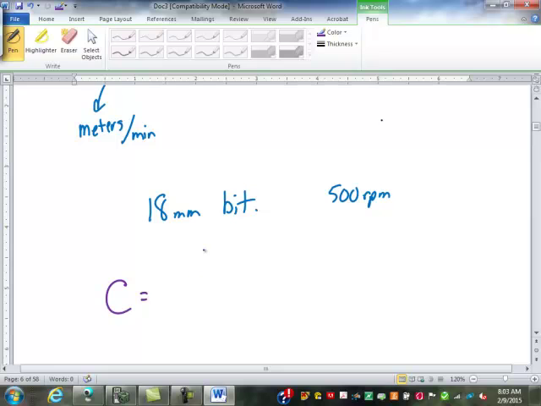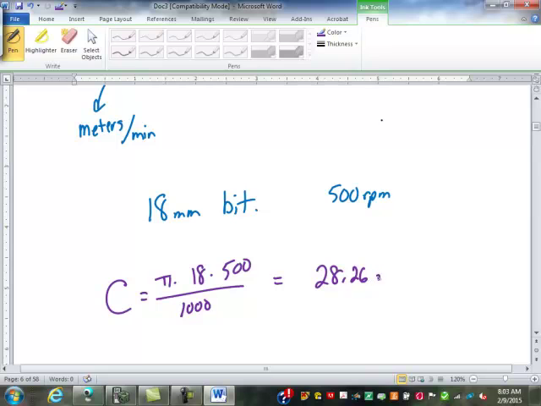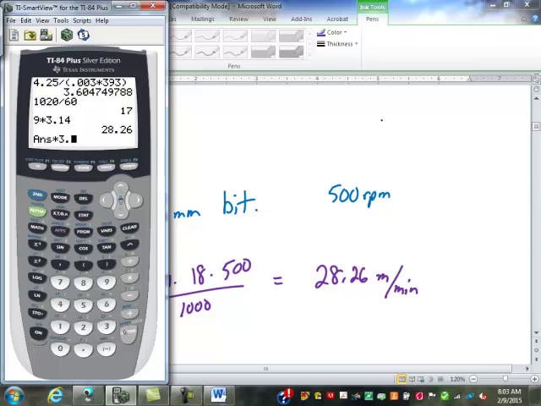Well, our cutting speed will be pi times 18 times 500 over 1,000, which gives us 28.26 meters per minute. Now that seems really small, but you have to remember there are about 3.2, 3.3 feet in a meter. So that's the same as about 93 feet per minute.